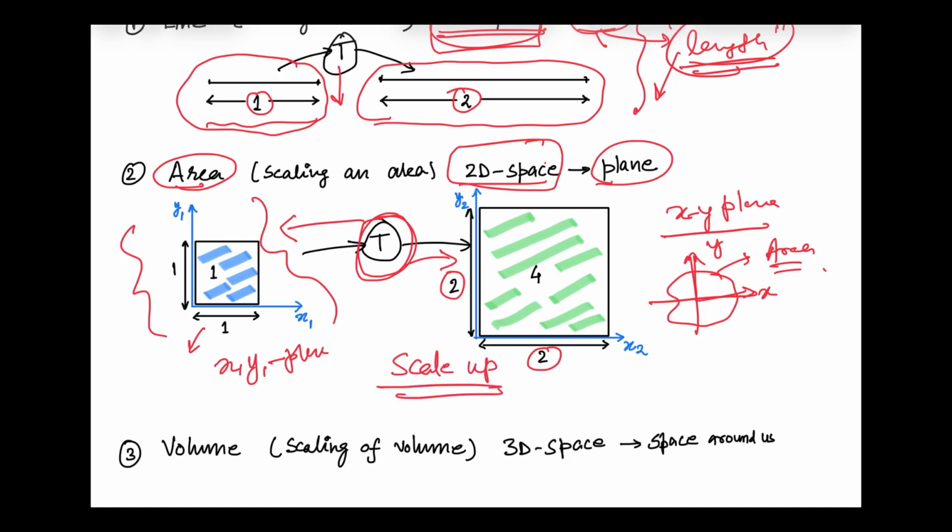So it is scaling up the vector space, and how it is visible to us. It is visible to us by the change in area, and we should better say that change in the unit area value. So in this example, the unit area here is 1, and after the transformation the unit area is now increased, scaled up to 4.